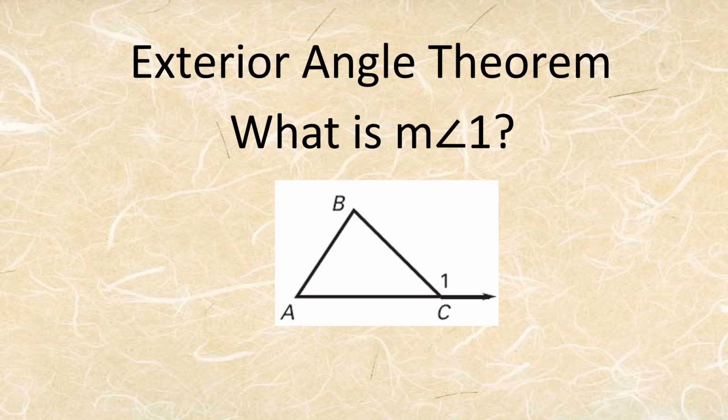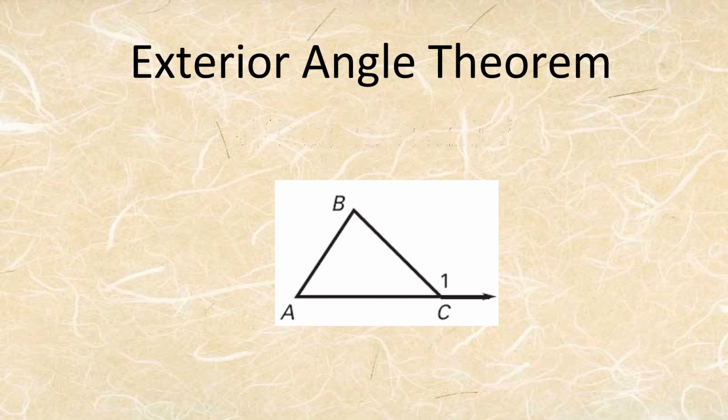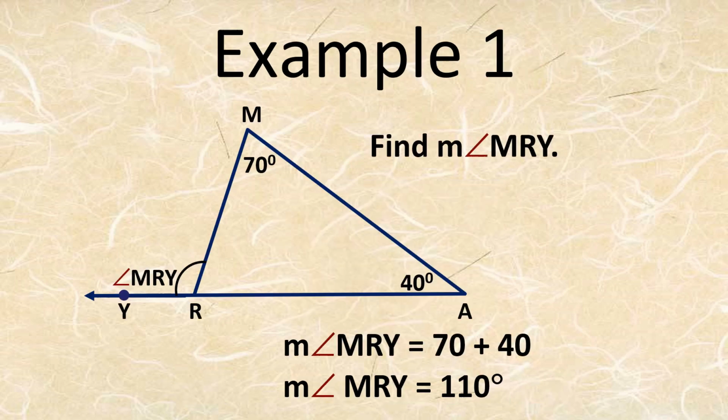It is created by extending one of the sides of the triangle. So by the exterior angle theorem, the measure of angle 1 is equal to the measure of angle A plus the measure of angle B.